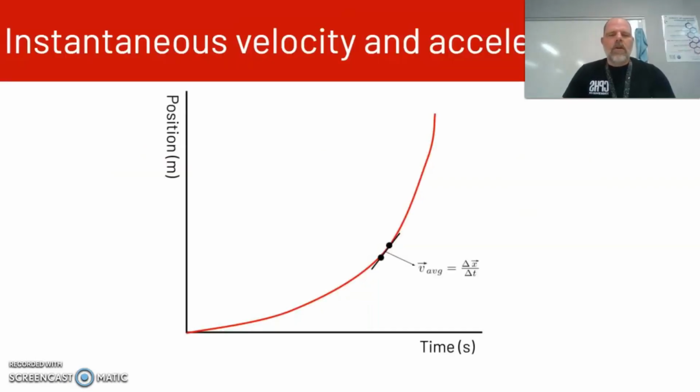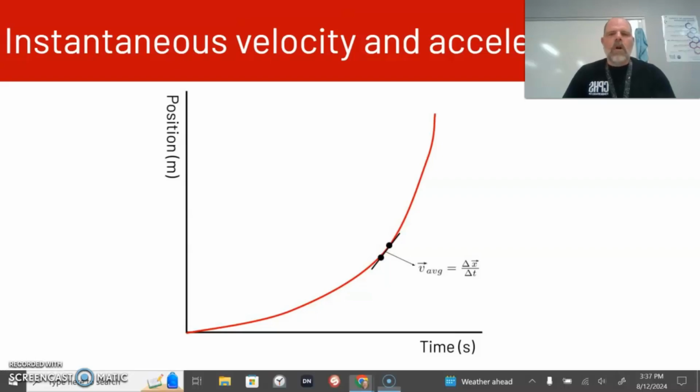And then here we're getting much closer to an instantaneous velocity. We're measuring our slope much closer together. So our time interval here, our delta t, is much smaller than it was when we were first measuring our slope way back when we chose a position here and a position here.